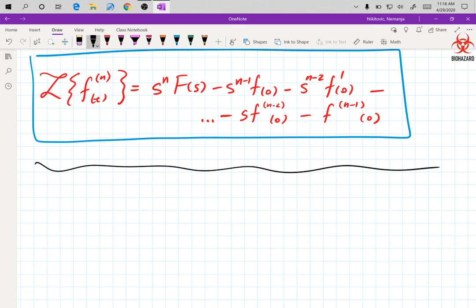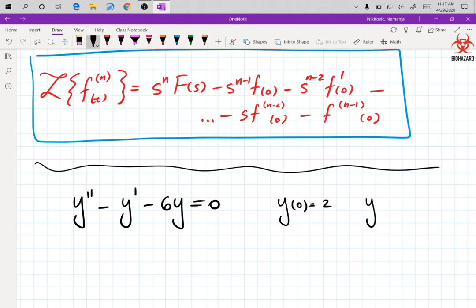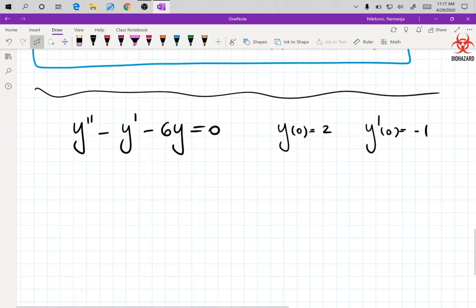So you all know, hopefully by now, how to solve, let's say, the system y double prime minus y prime minus 6y equal to 0, with initial conditions y of 0 equals 2 and y prime of 0 equals negative 1. So what have you learned in chapter 2? You learned that you can transform this into the characteristic equation r squared minus r minus 6 equal to 0.